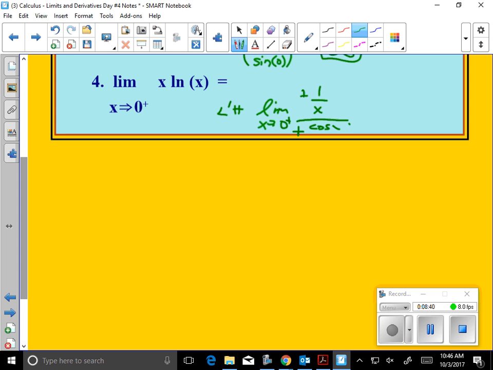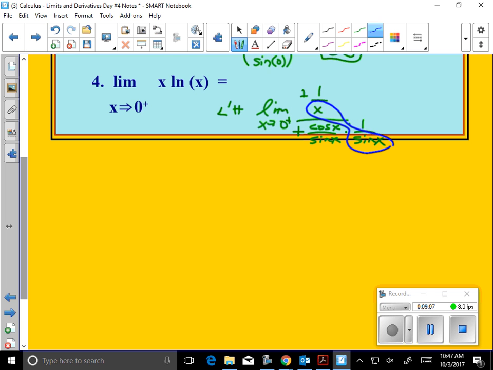If I have cosine x over sine x times 1 over sine x, you might see this right away, you might not, but what's the limit as that goes to 0? 1, right? X over sine x.